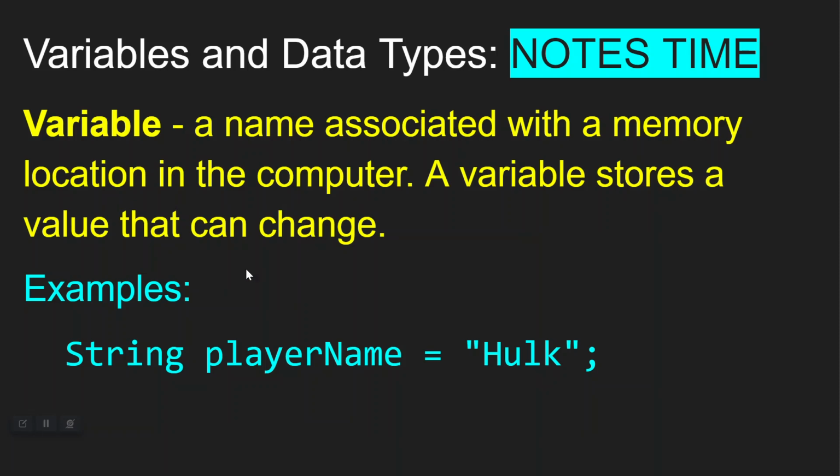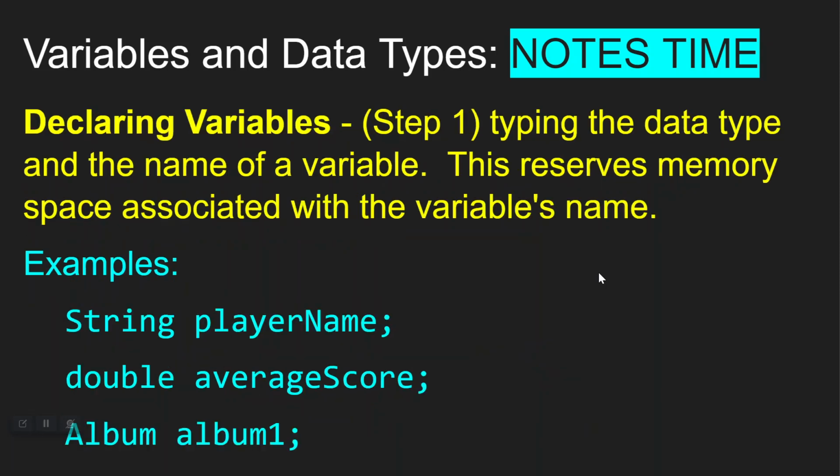So an example, it says String playerName equals "Hulk". So in this case, playerName is your variable, and it is storing the string Hulk. But of course, if the player name changed, then it would become something different. So variables can change what it is they are storing. So there you go. playerName is your variable.